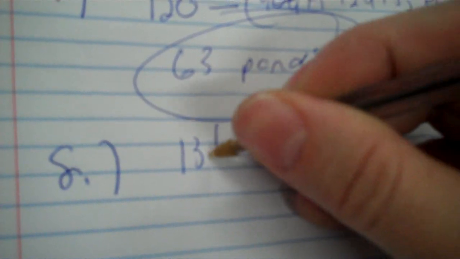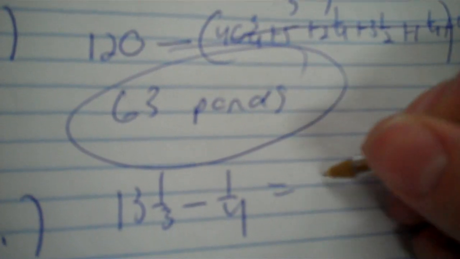Okay, 8's an easy problem. A bolt of woolen cloth is shrunk before a garment maker uses it. Before the shrinking, the bolt measures 13 1/3 yards long and 1/4 yard wide. The material shrinks 1/4 yard in length and 1/16 yard in width. Find the length after shrinking, where you're just going to subtract: 13 1/3 minus 1/4. It's going to be 13 1/12.